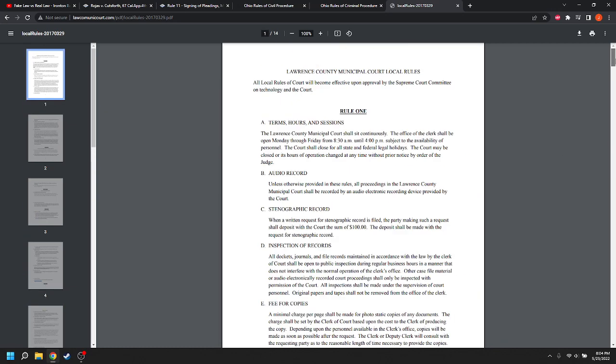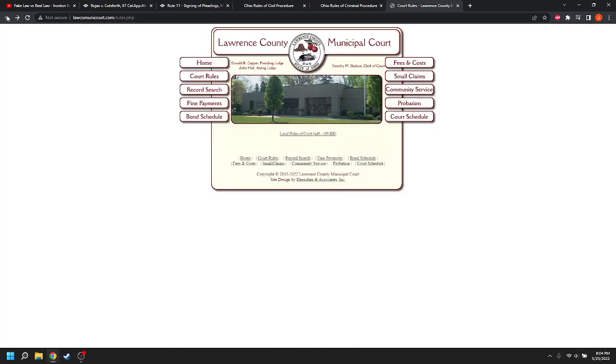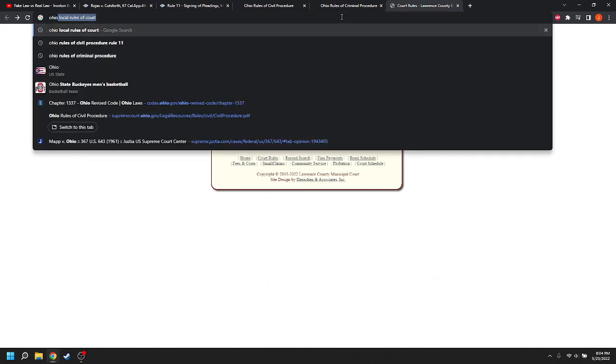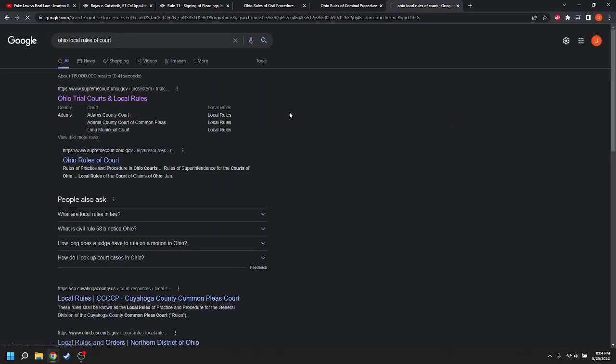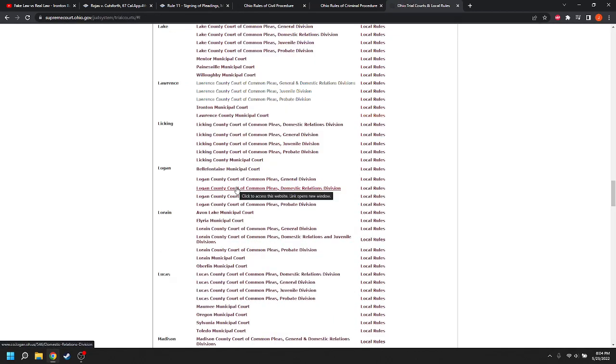So make sure that whatever court you end up in, that you look up their local rules. And there might be lots of different local rules. Say, for example, you want to look up Ohio local rules of court. You can actually search by the county, say, for example, Lawrence County.